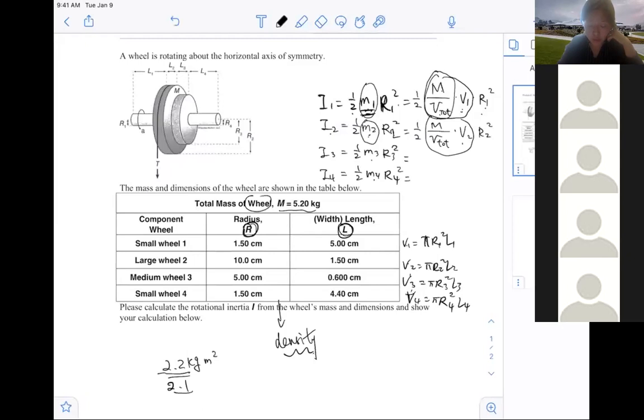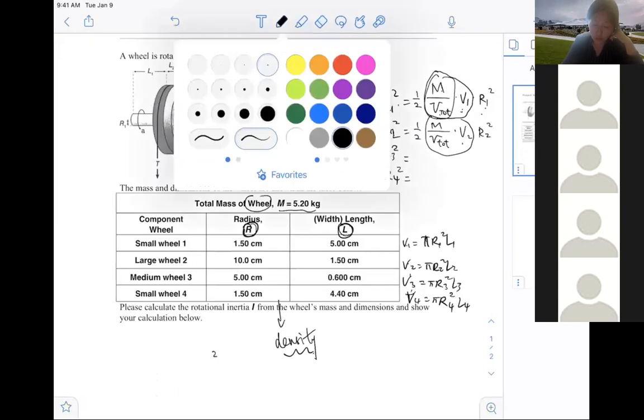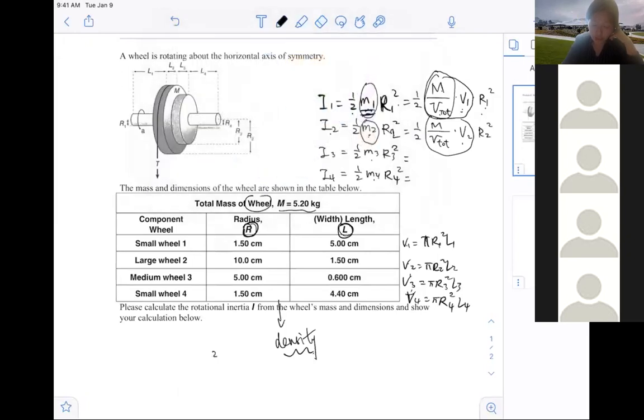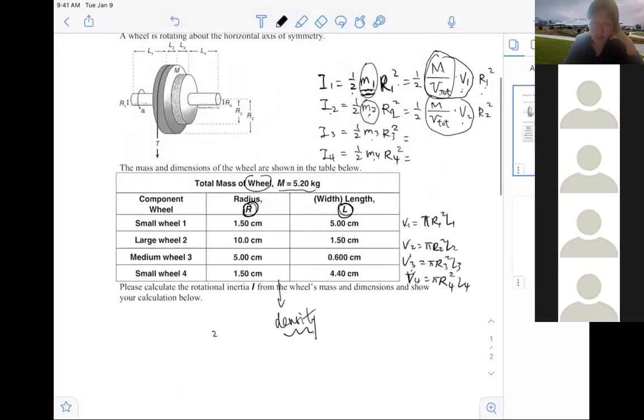But you don't really know the individual masses. So what do we do? That's one extra step: to substitute the mass with something else that you know. We do know the total mass, and we can calculate the volume for each of them.